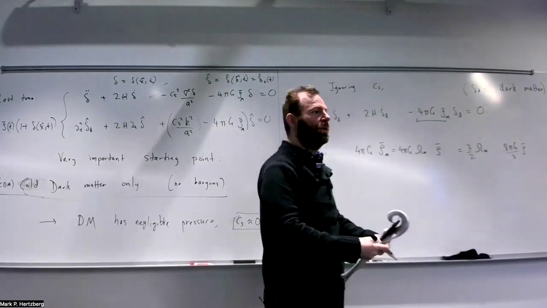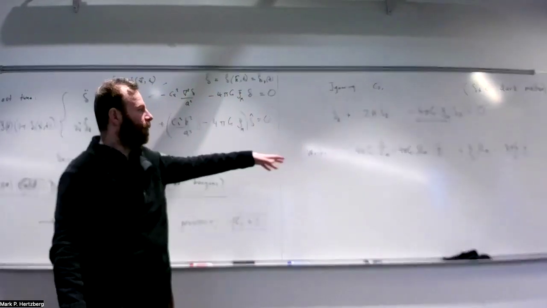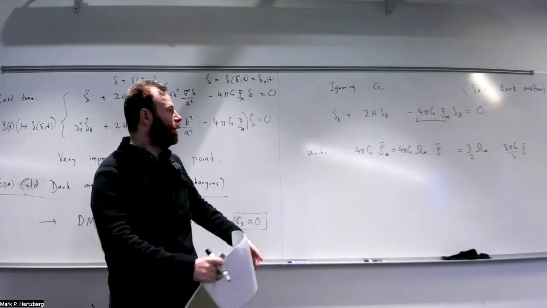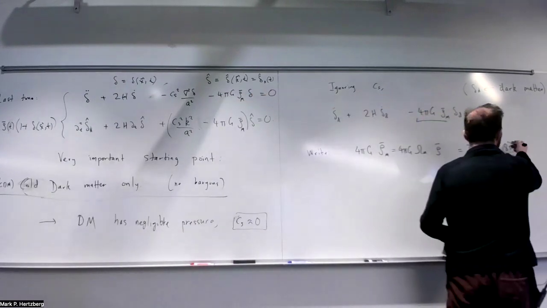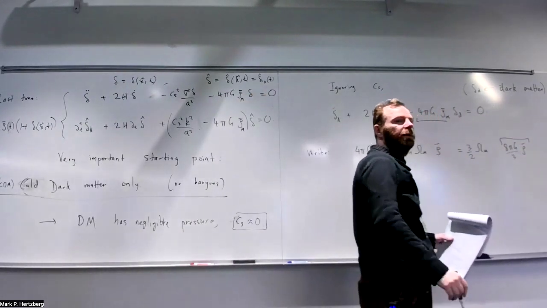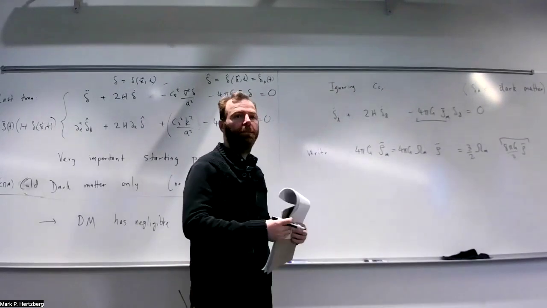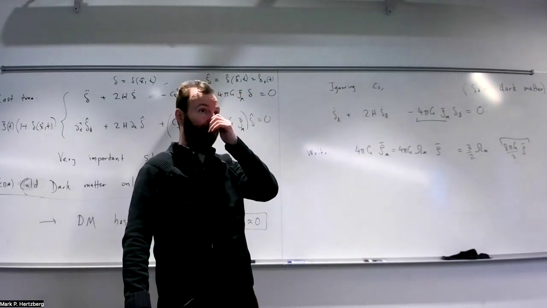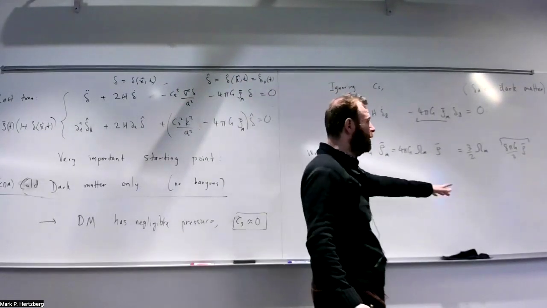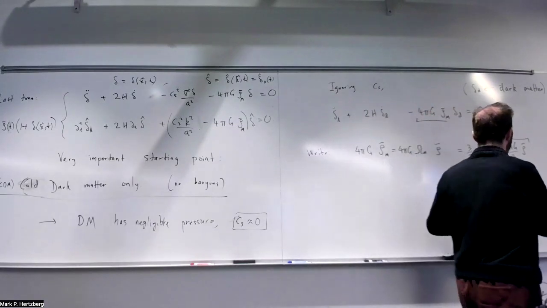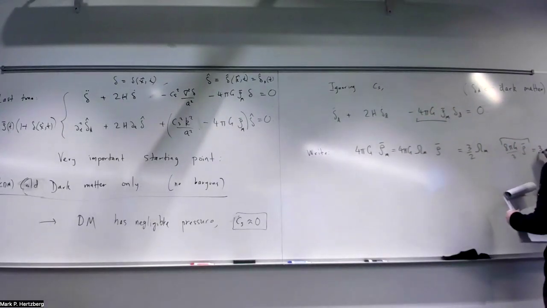Okay, all I did was multiply and divide by 3 halves. Okay? And so what is this thing? I did that for some reason. That's H squared. Right? By the Friedmann equation, this is Hubble squared. We can put that in here. This is 3 halves omega matter Hubble squared.